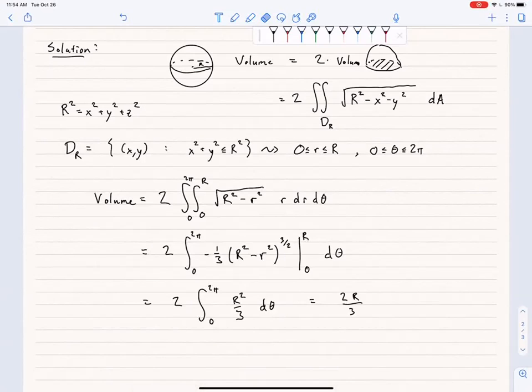I forgot to take the square root. Okay, there we go. R cubed times this integral. But of course, this is the integral of 1 from 0 to 2 pi, so that will give you 2 pi. So we get 4 pi R cubed over 3, which is familiar. Okay. Questions?